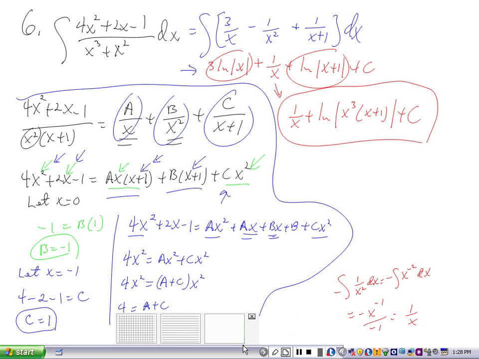Let's look at number 7. Use L'Hopital's rule to evaluate these limits. The first is the limit as x goes to infinity of the natural log of x all over x squared.